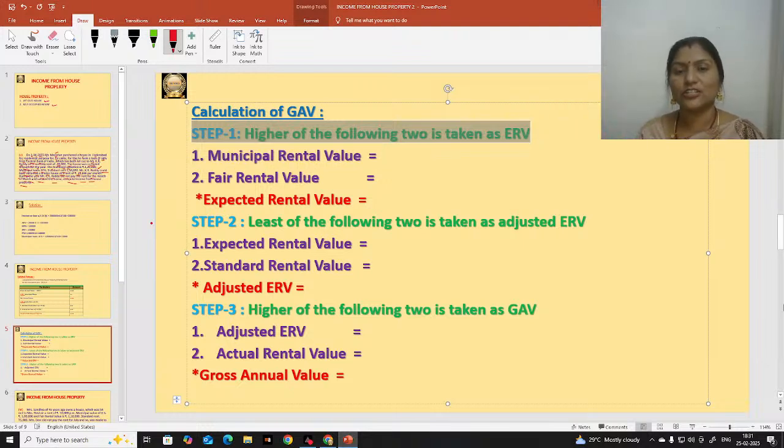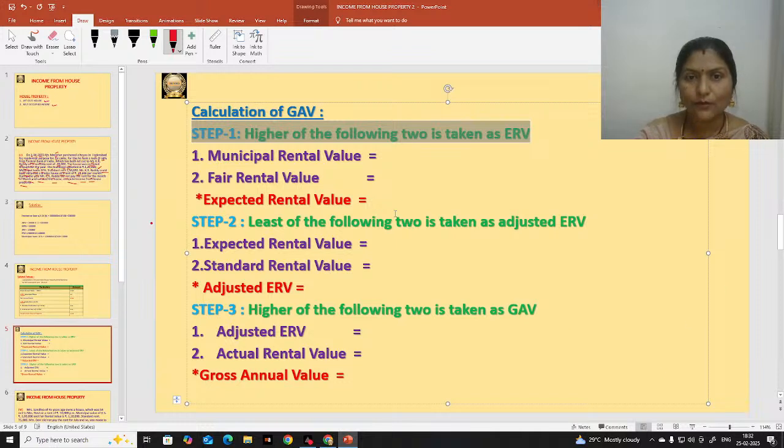Under that there are two items, and whichever is the highest one will be taken as ERV. ERV means expected rental value. In the first step we are going to calculate only ERV, and the highest one we should take.